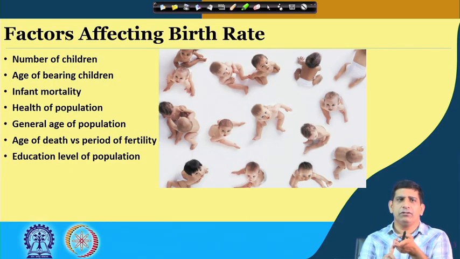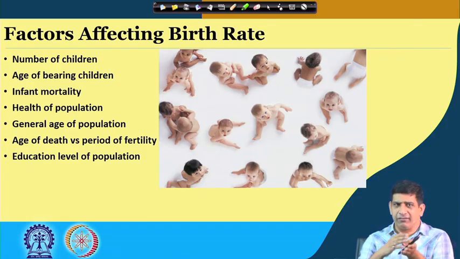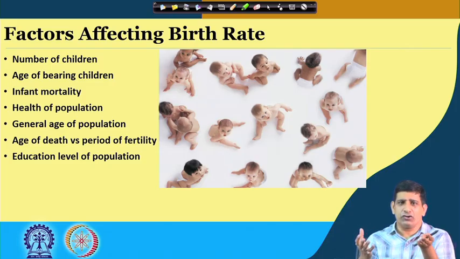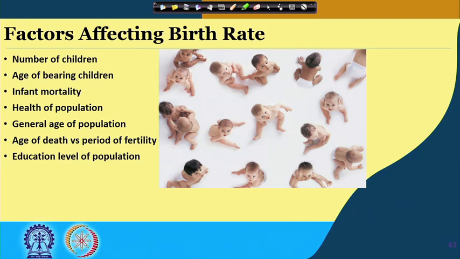Age of bearing children. Earlier, people used to marry relatively younger. Now couples are marrying a little bit later, so the age of bearing children is also later. I'm not a medical professional, but around 30 is typically said to be a good time to have your kids, because by the time you retire, the kids are well settled.